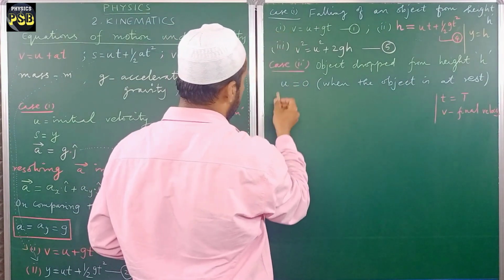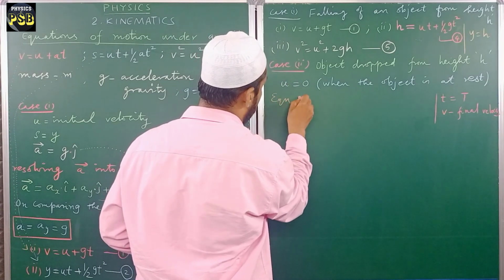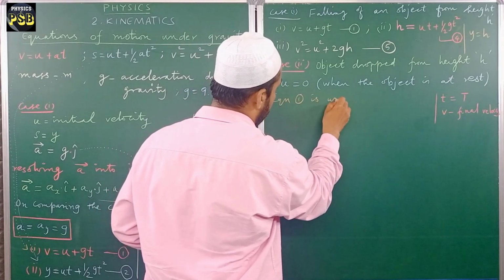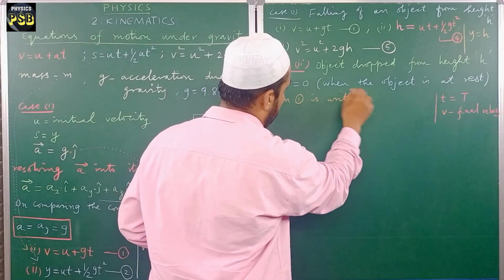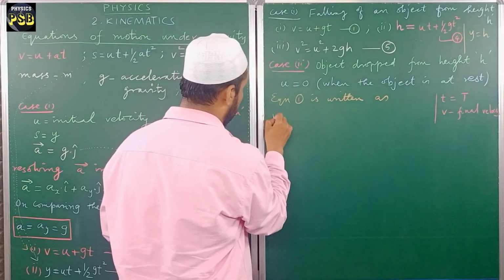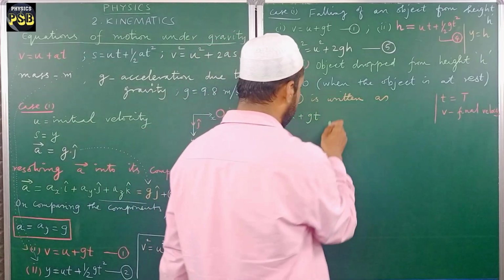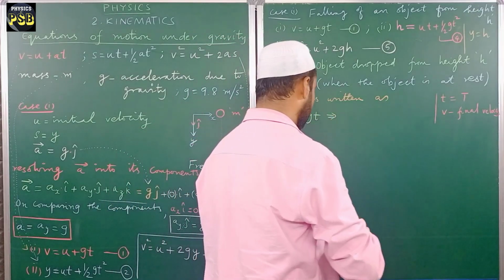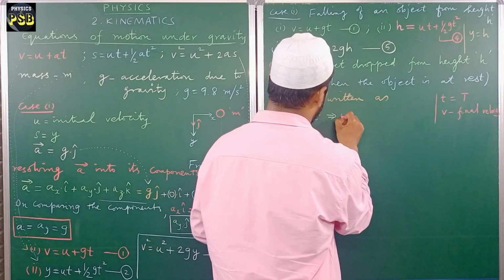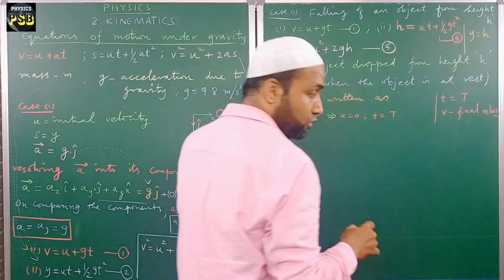Here, equation number 1 is written as v is equal to u plus gt. Now I substitute u is equal to 0 and t is equal to capital T. So what will I get if I do so?